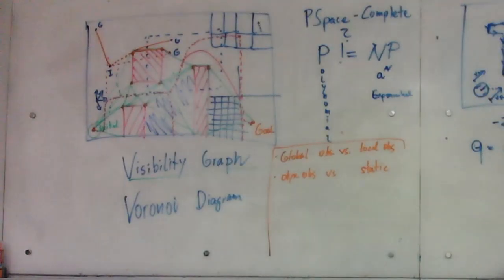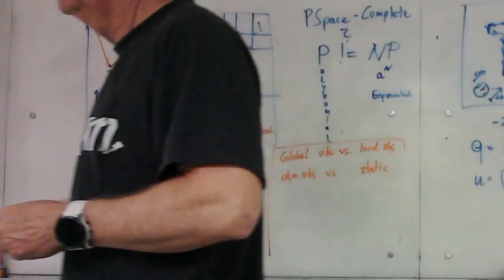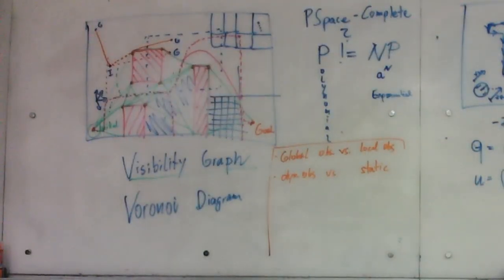Okay, then my input would be left and right wheel velocities. So the question then is, how do the right and left wheel velocities change the state of the robot?